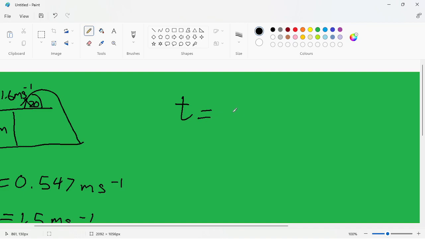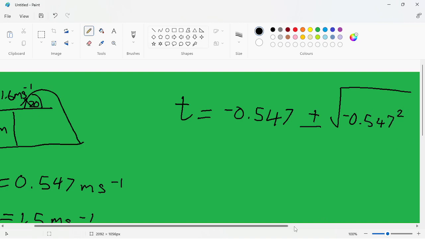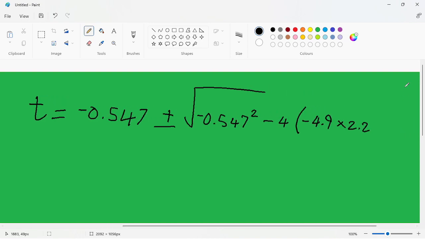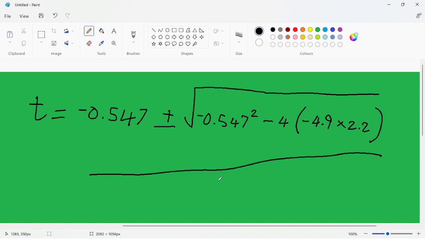So we're going to get time is equivalent to negative 0.547 plus or minus the square root of negative 0.547 squared minus 4 times minus 4.9 times 2.2, all divided by 2 times negative 4.9.